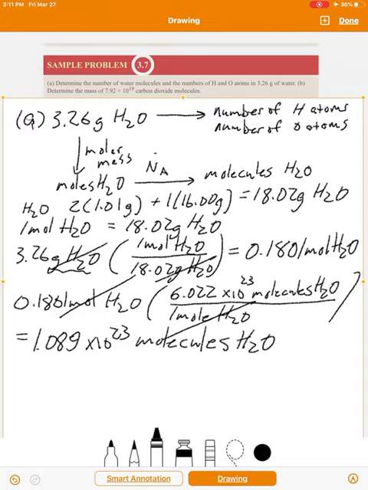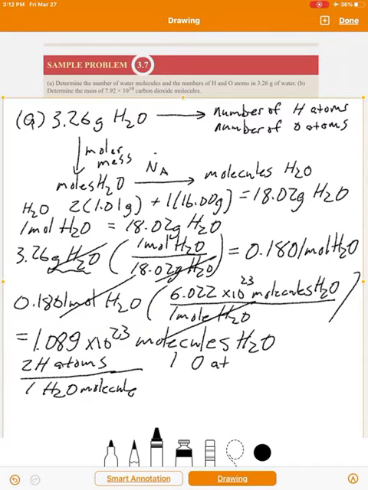Okay, we're not there yet because we want to know the number of hydrogen and oxygen atoms. But take a look at the formula for water. Water has 2 hydrogen atoms per 1 water molecule. And how many oxygen atoms does 1 water molecule have? That's right, 1.